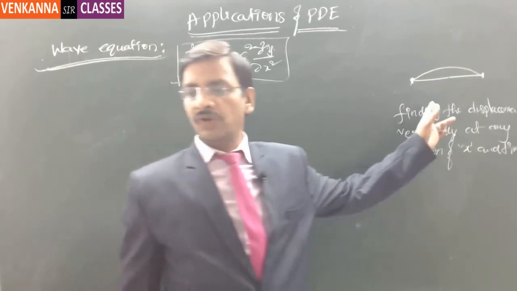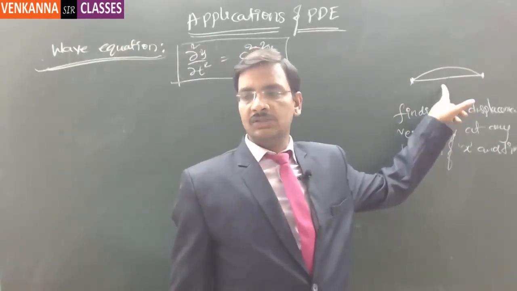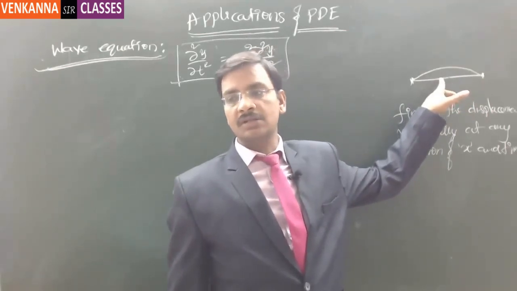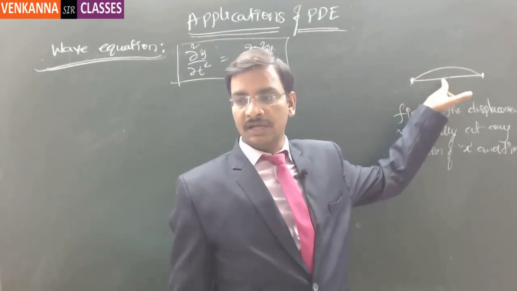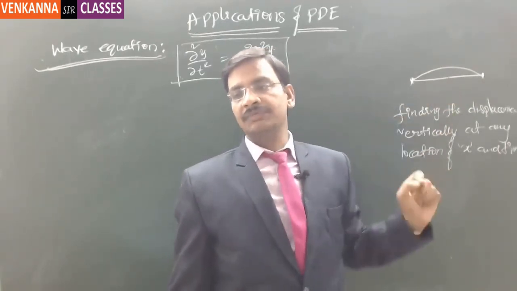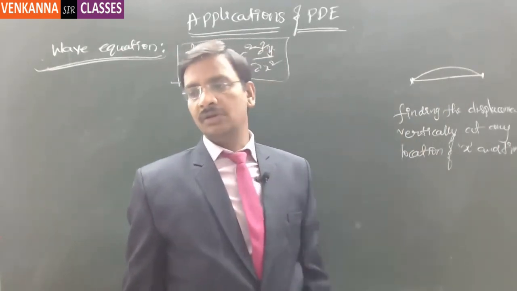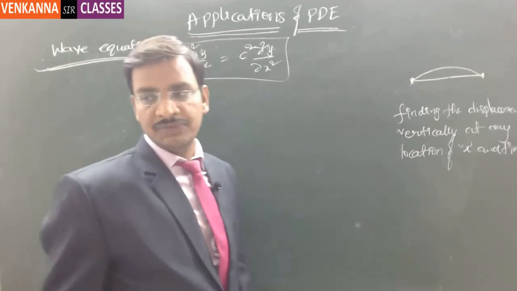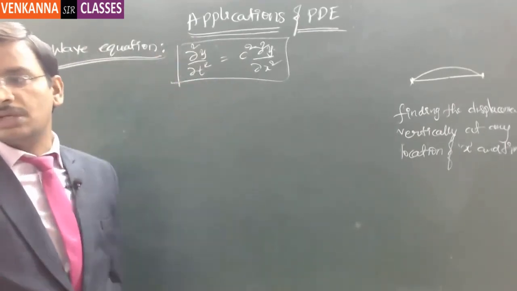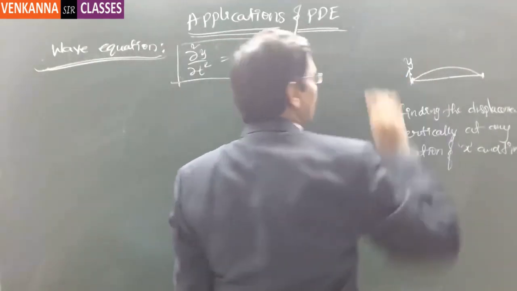So you should be able to find, at a random location x that you select, how much it is getting displaced, and this displacement is not constant with respect to time, because at this point x it is continuously oscillating like this. That means at a certain location and at a certain time, you should be able to find the displacement in the y direction. That's the wave equation, dou square y by dou t square is equal to c square times dou square y by dou x square. So this is the displacement y.